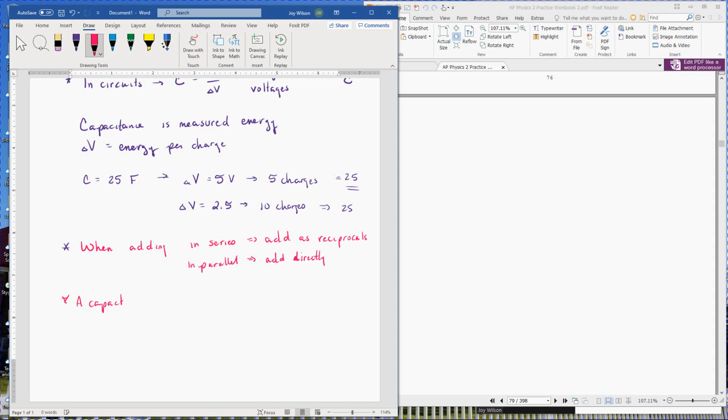A capacitor, when full, and remember that we use the idea of full lightly, it's about 63% full, has the same voltage as the battery, and it will allow no current on its path.